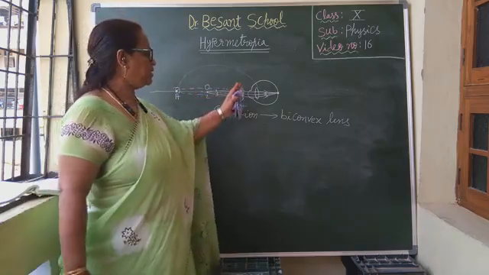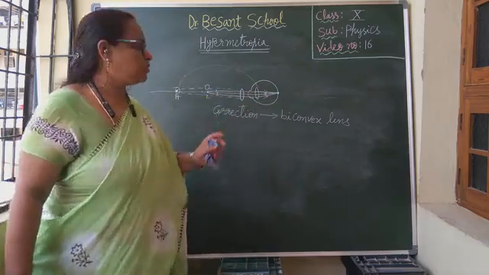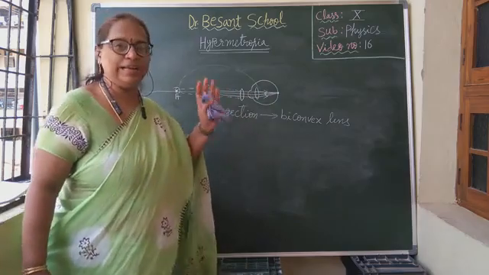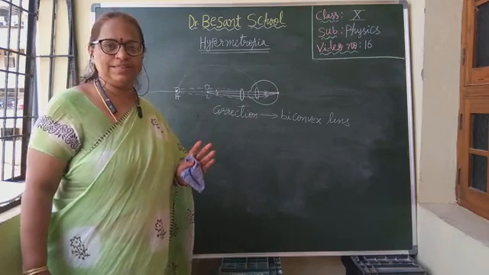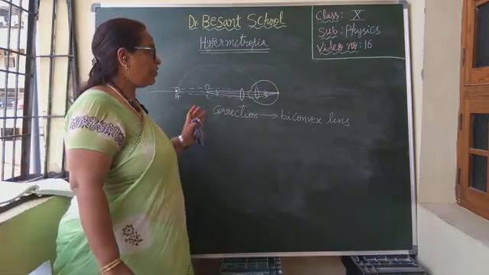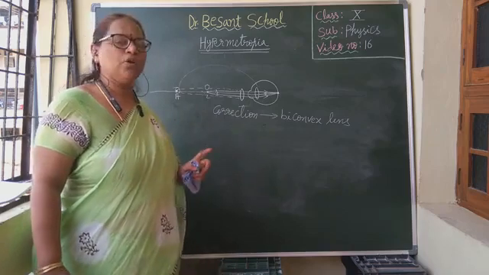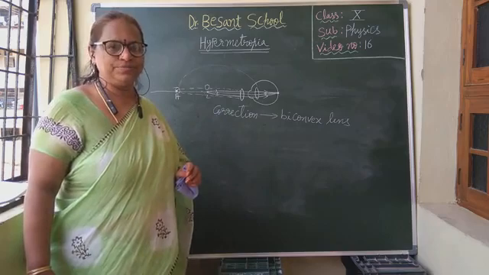So now this convex lens is making the image form on the retina. So the person can see the object clearly by using this convex lens. Am I clear, children? This is the correction of hypermetropia by using a convex lens. All understood?